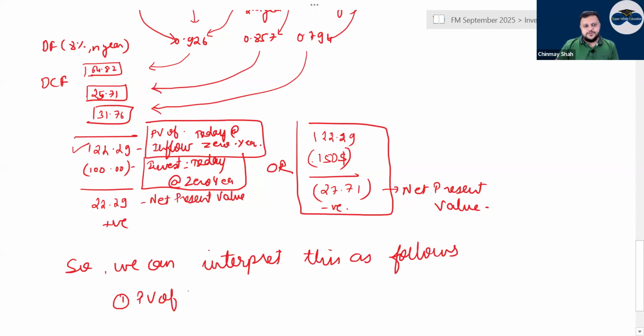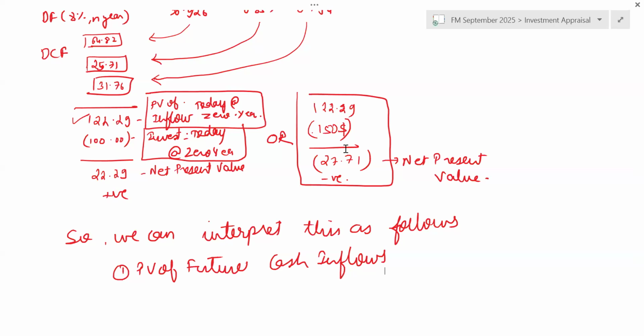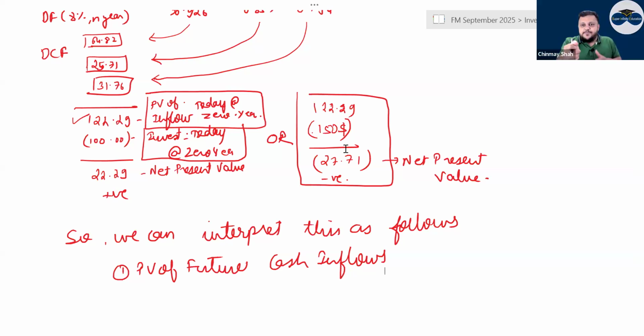Present value of future cash inflows. Tell me, 70, 30, and what was the amount, 40. Are they future inflows or future outflows? Inflows, right? And I have pulled them using the discounting. So is it okay if I write present value of future cash inflows?